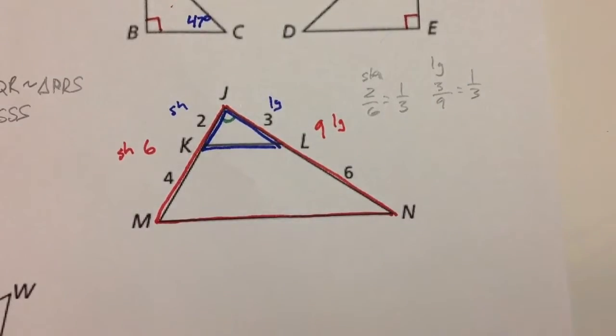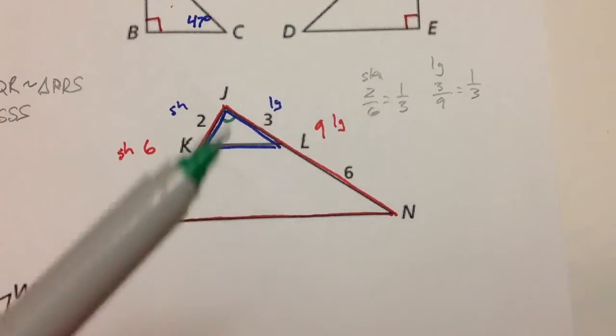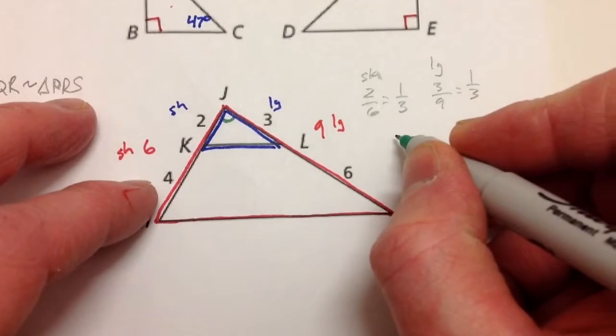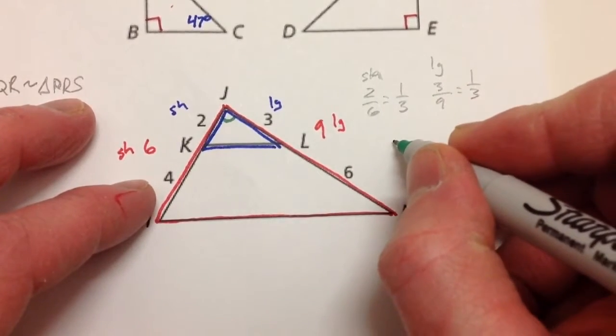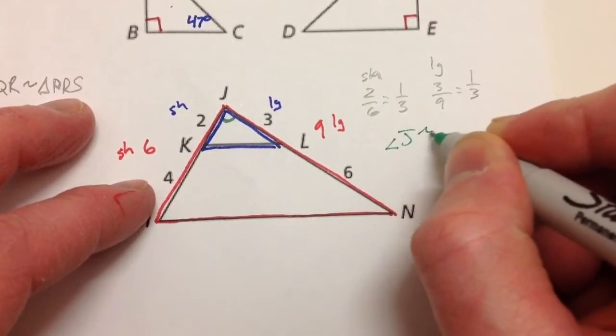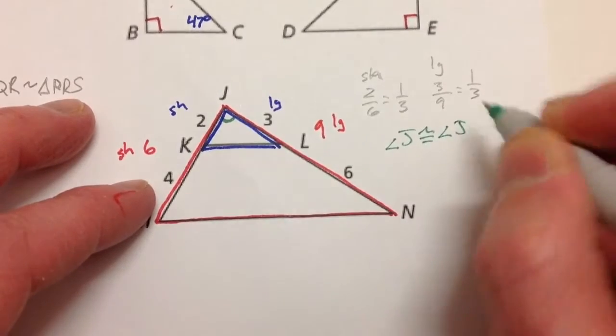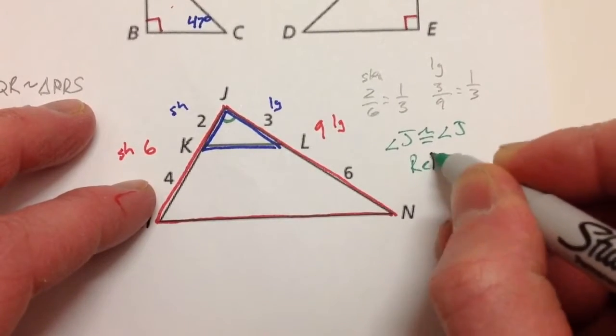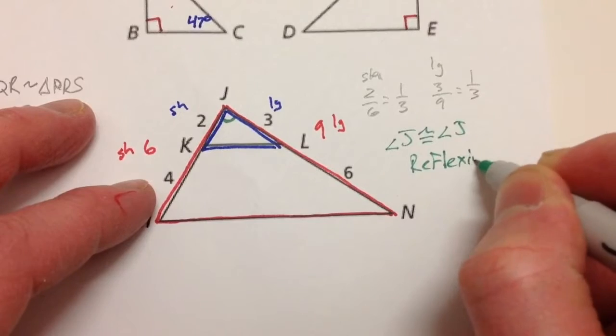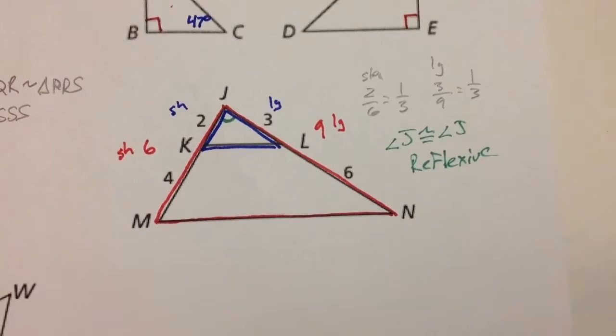So we know that the proportions are good, that they're both proportional. Then, for our green angle, we'll use a green pen just to make it colorful. I can say that angle J is congruent to angle J because of the reflexive property. Our old friend, the reflexive property.